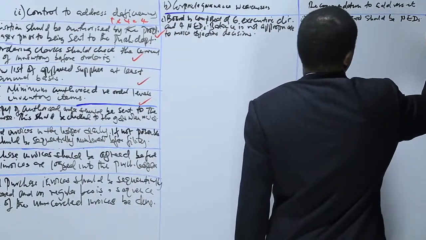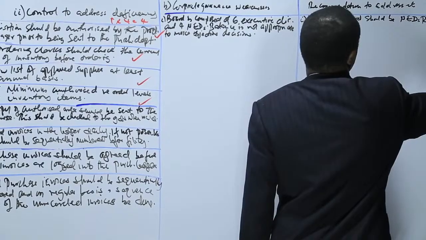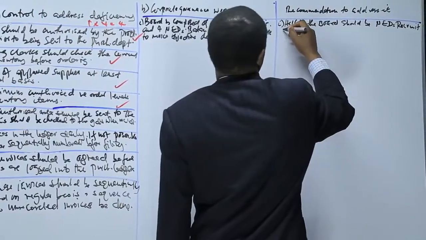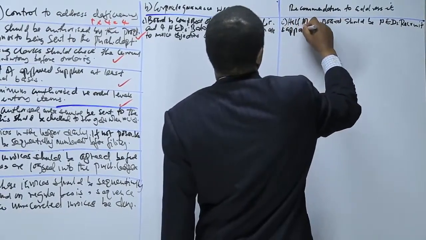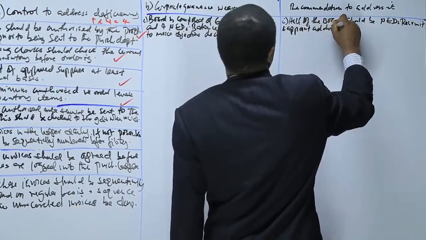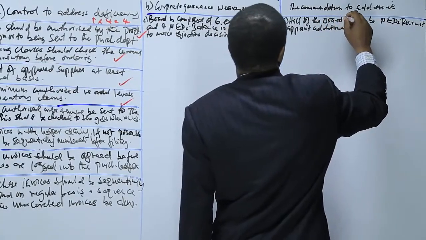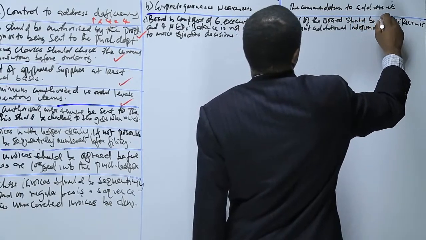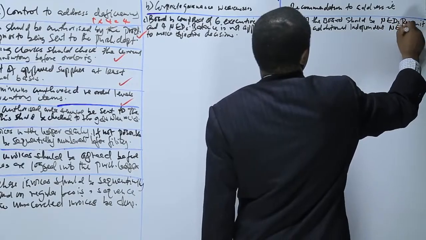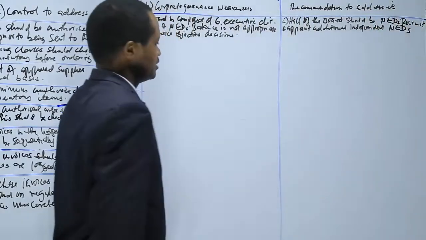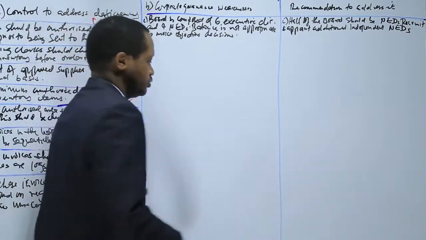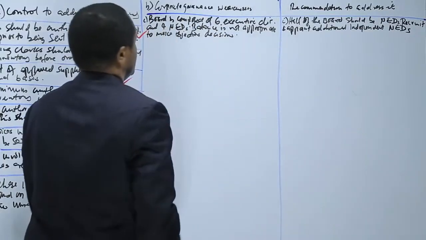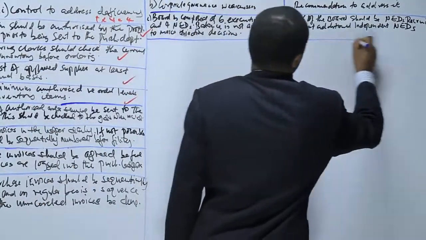So how do you address it? You can say recruit and appoint additional independent non-executive directors. That is a way in which that problem can be addressed. That's it.